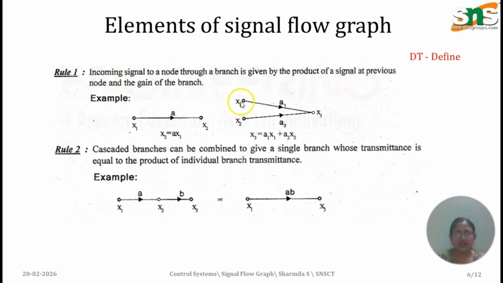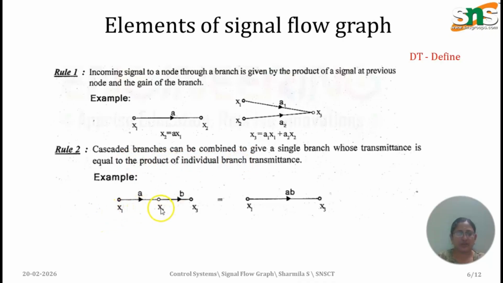And if we consider x1 and x2 with gains a1 and a2 as inputs, we can write x3 equals a1 x1 plus a2 x2. Rule 2: cascaded branches can be combined to give a single branch whose transmittance is equal to the product of the individual branch transmittances.